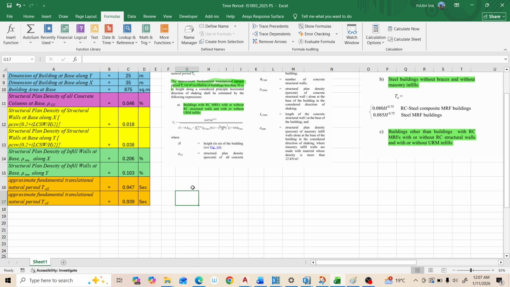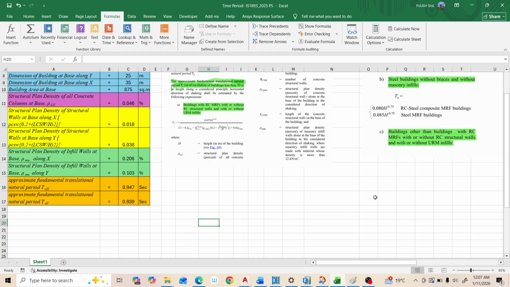Then after this, simple: 0.075 into h, which I know, to the power 0.75, divided by the square root of all this value. And similarly we can calculate the time period for buildings with RC moment resisting frames, with or without structural walls, and with or without infill walls.